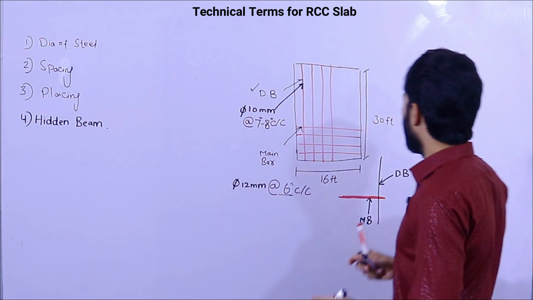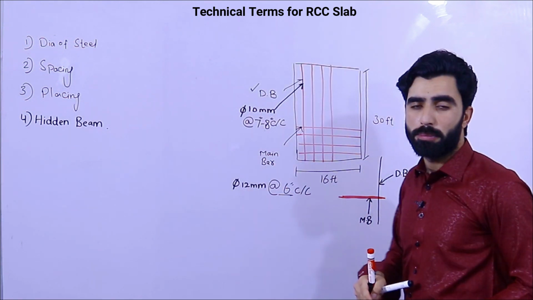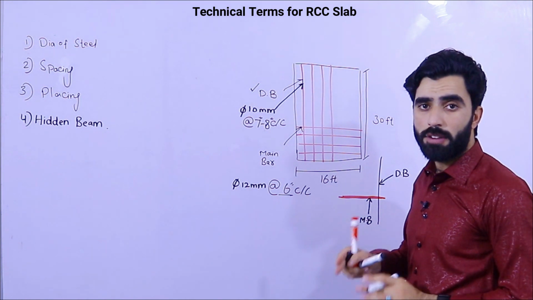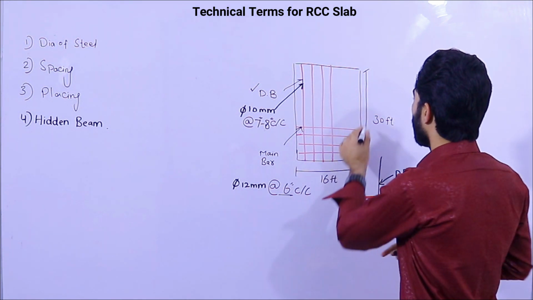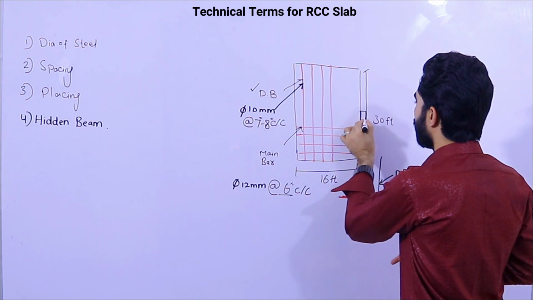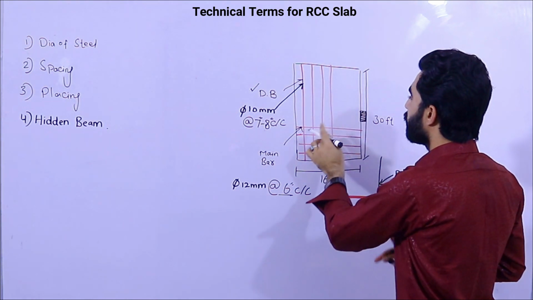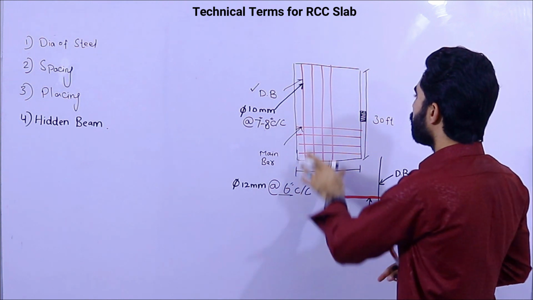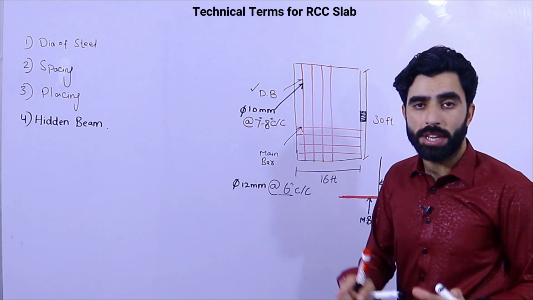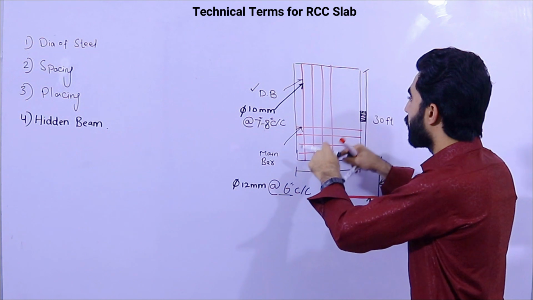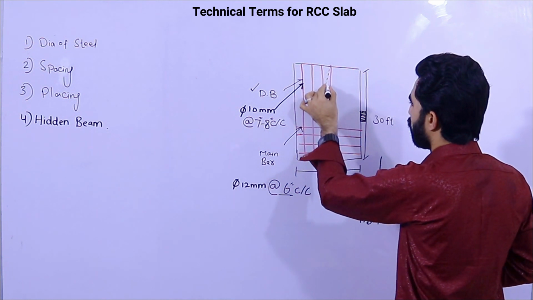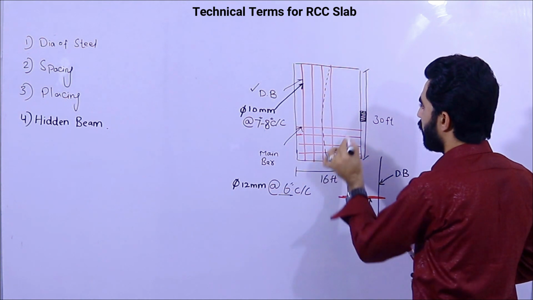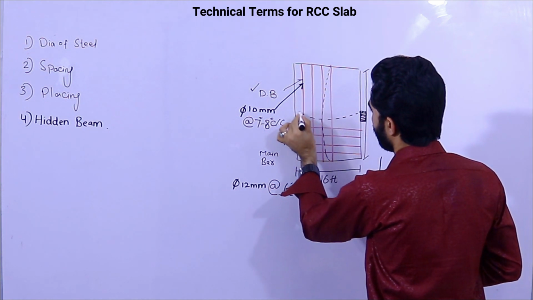Remember, when the length of the span is maximum and we don't have a column, like here we don't have a column, in that case, if we have the maximum span, it can make bending moment at this place, like this, and also this one will make bending moment same like this.